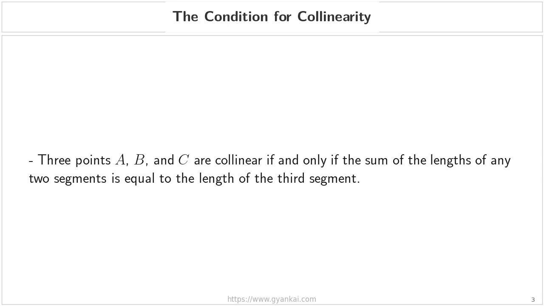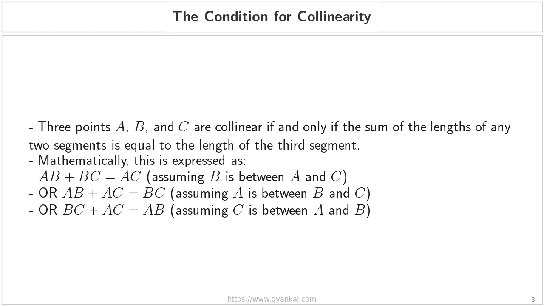3 points, A, B, and C, are considered collinear if, and only if, the sum of the lengths of any 2 segments is exactly equal to the length of the third segment. To be mathematically precise, we have to account for the fact that we might not know which point lies in the middle. So we express this in 3 possible scenarios.